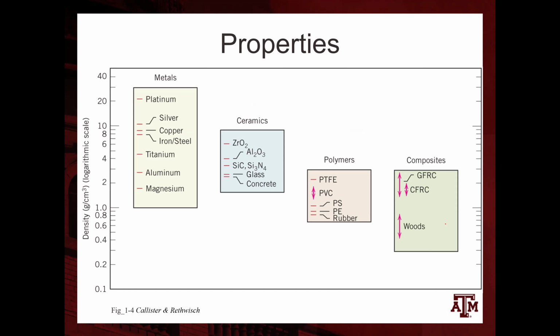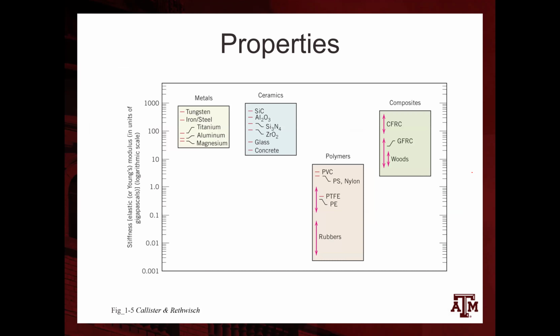Ceramics are relatively well packed, although not as well packed as metals because of the interaction between positive and negative ions and the different types of bonding. Polymers, of course, are very lightweight material from lightweight elements, and composites usually depends on how you make them. So we can see this connection between bonding and properties.